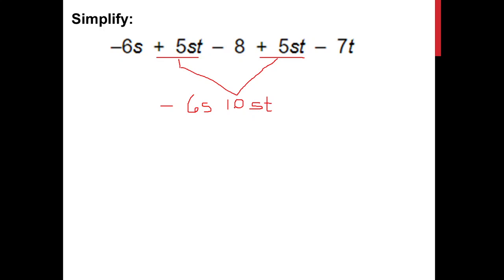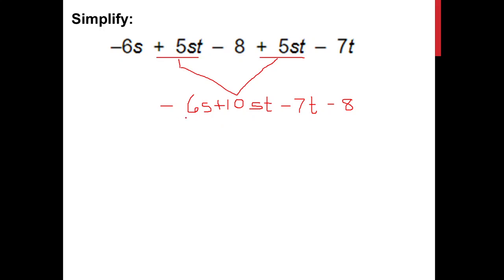So what's the sign for this one? Since 5 and 5 are positive, we just copy the sign of the two integers. Then bring down this one here, minus 7t, and last is the constant minus 8.